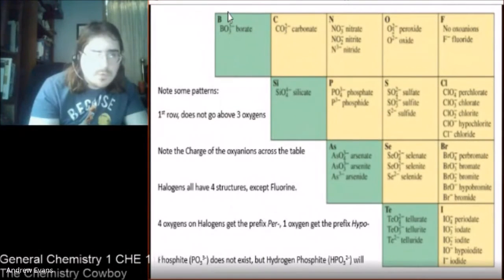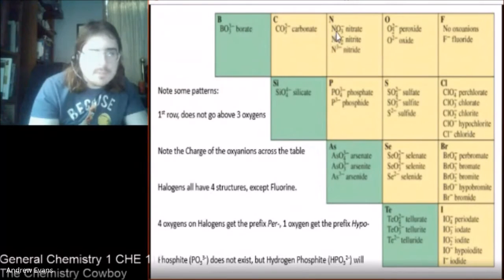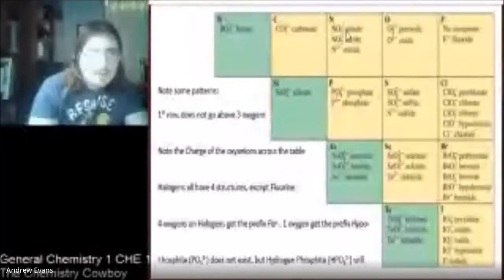Boron, which is in group 3, is +3. When I add 3 oxygens, 3 minus 6 is -3. Nitrogen is group 5. If this is +5 and I subtract 6, I get -1.